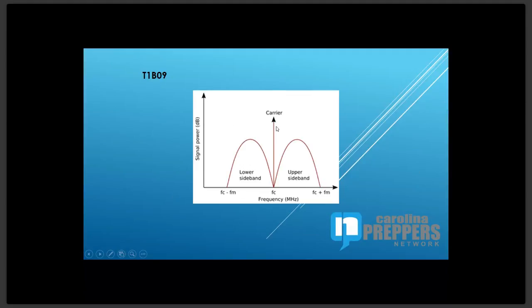So going back to this question, right in the middle is where the base of your signal would be. And you have lower sideband and upper sideband. Don't worry so much about the terms lower and upper sideband.